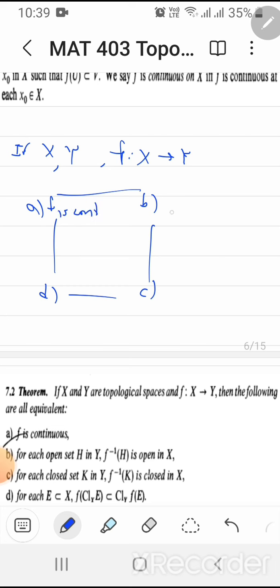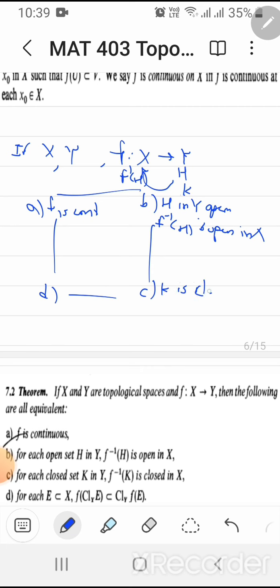F is continuous. Second, if we take H in Y which is open, then f inverse of H is open in X. The next condition is, if we take K closed in Y, then f inverse K is closed in X. This is the third condition.